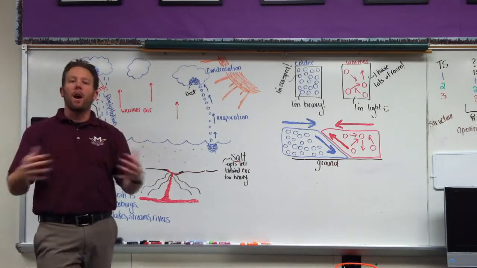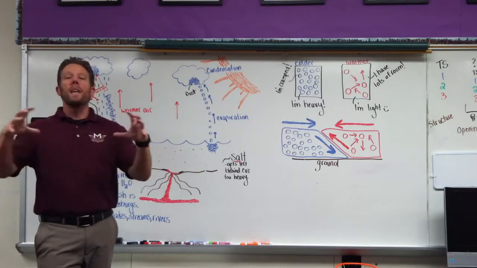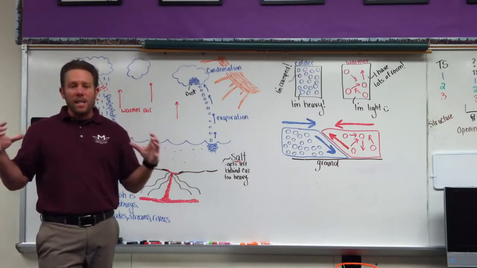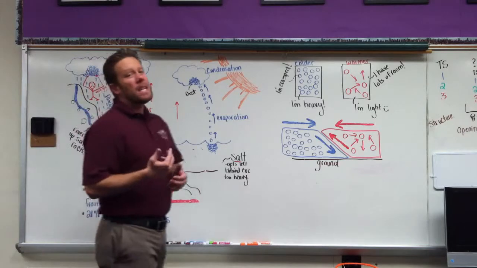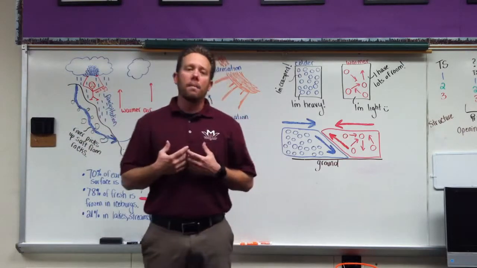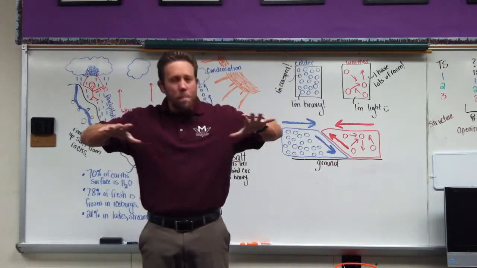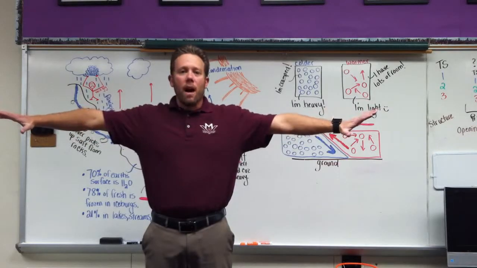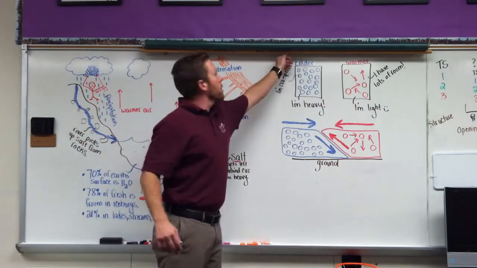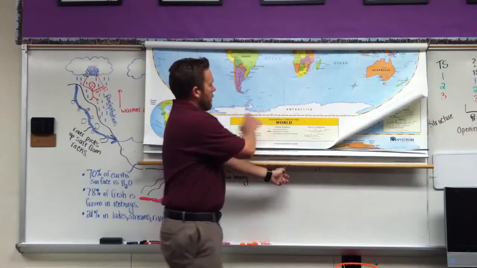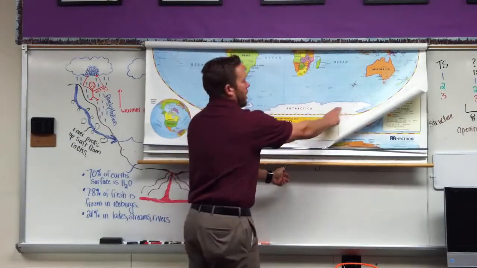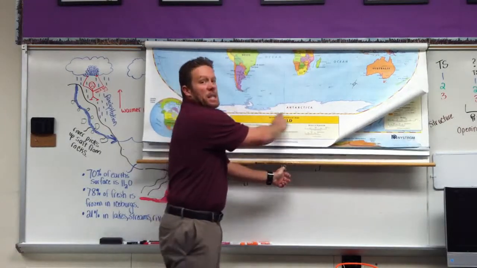All right, if you look at Antarctica, it's just one big old ice sheet. A couple things you're going to need to know for the test is that ice sheets are big sheets of ice, like Antarctica. Let me pull down a map here. If you see Antarctica right here, this is not an iceberg.